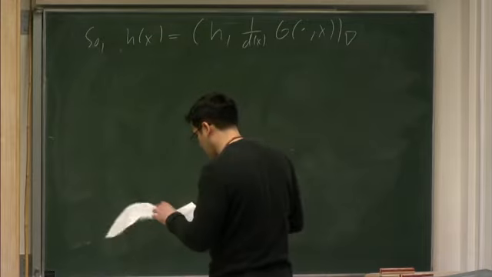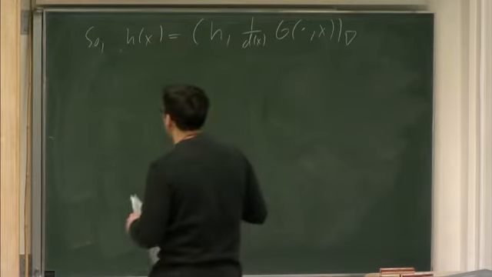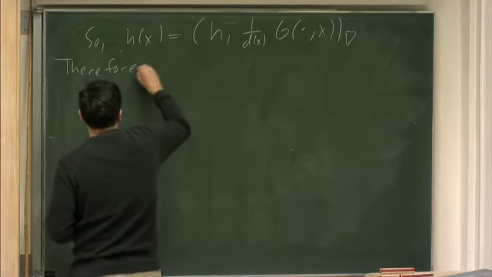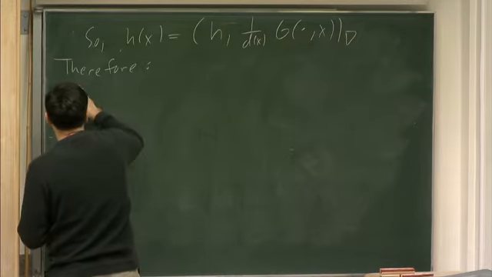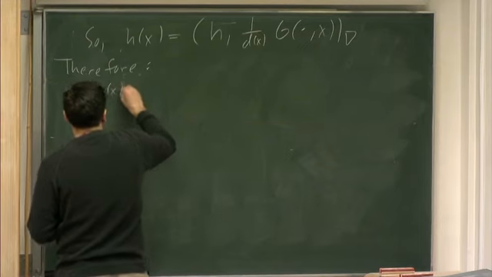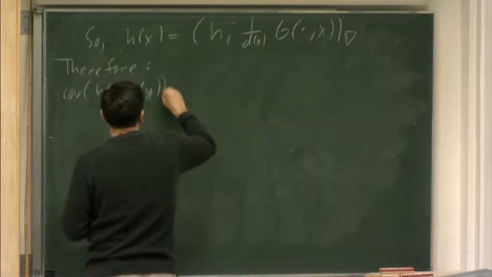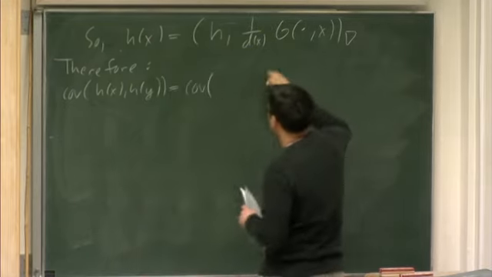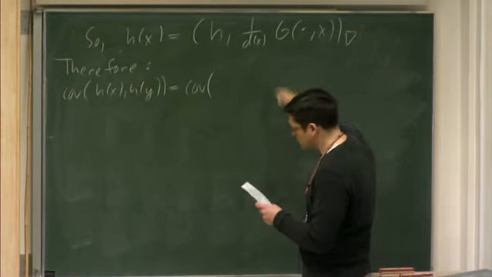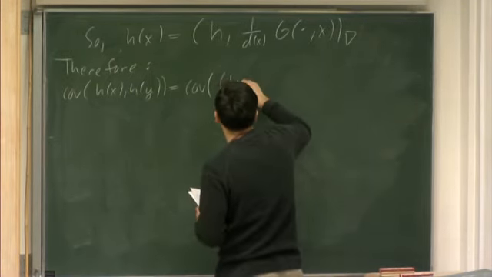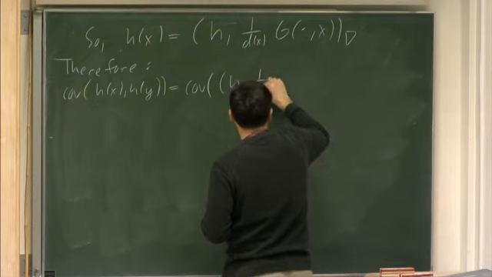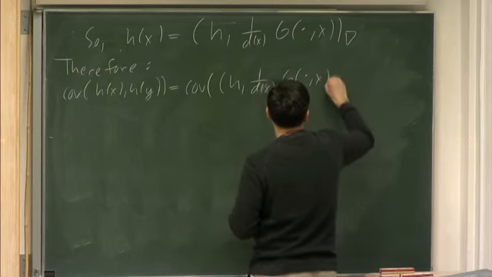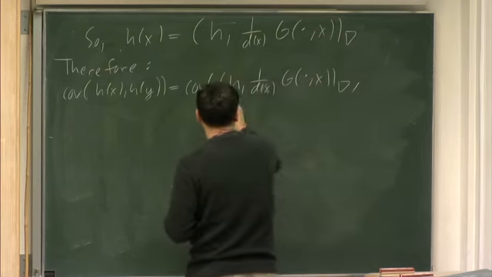All right. And so now let's use this to calculate the covariance. So we have that the covariance of h of x and h of y is equal to the covariance where I express h of x and h of y using this formula. So I have h inner producted with 1 over d of x g, and the same thing but with y.